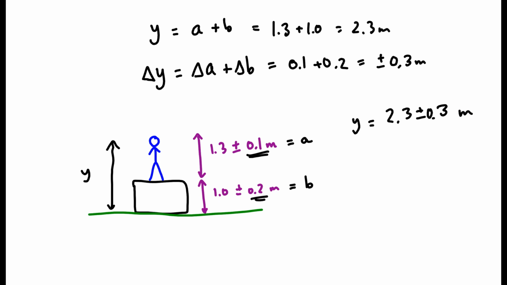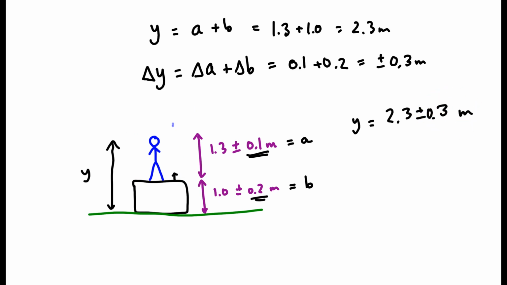This might make some sense intuitively. After all, this box right here could be a little bit higher, 0.2 meters higher. And if it were, my feet would be up here. And then my head could be 0.1 meters higher. So on the whole, the entire measurement could be 0.3 higher. That's what this says, plus 0.3.